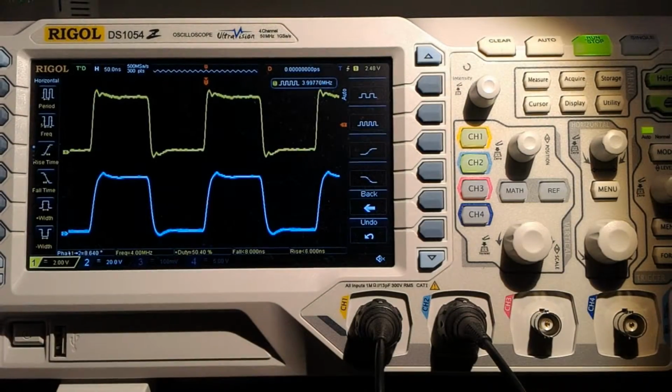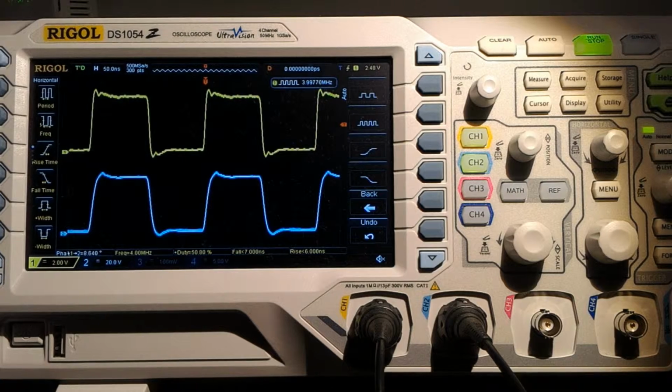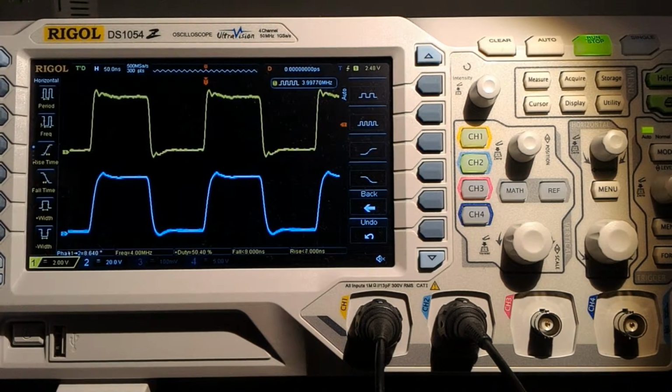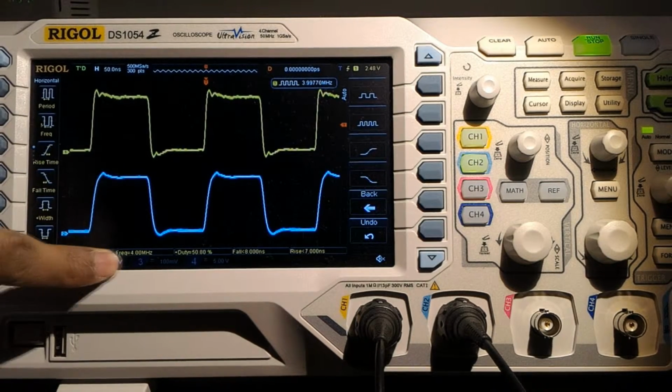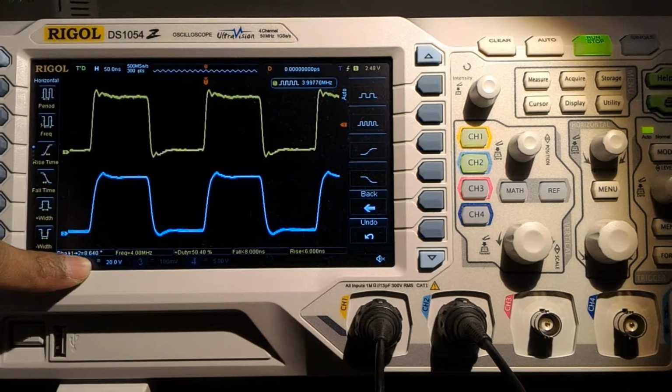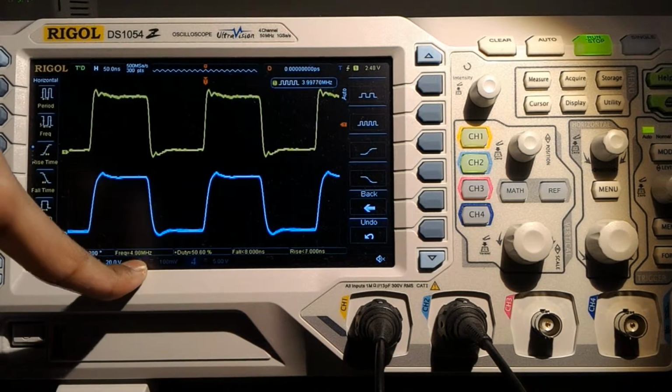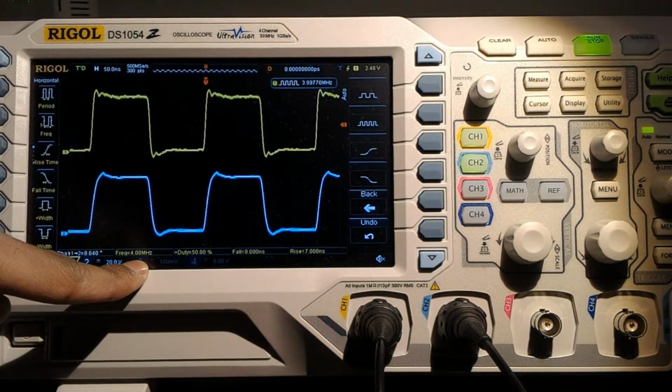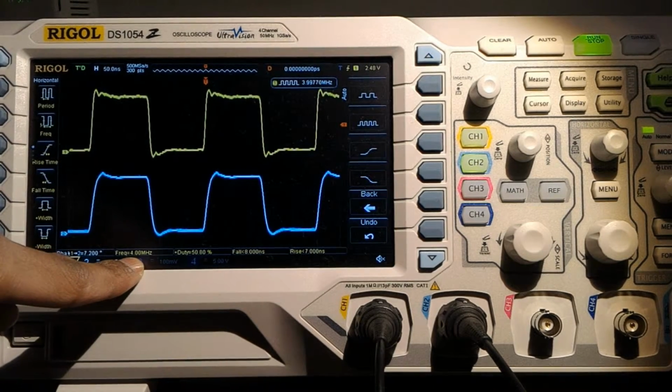I am now switching at 5 megahertz, and as you can see, the phase shift has disappeared because it's now about 10 degrees out of phase. The frequency is at 4 megahertz, so it's 1 megahertz off.